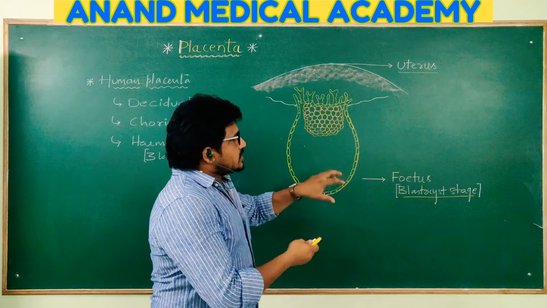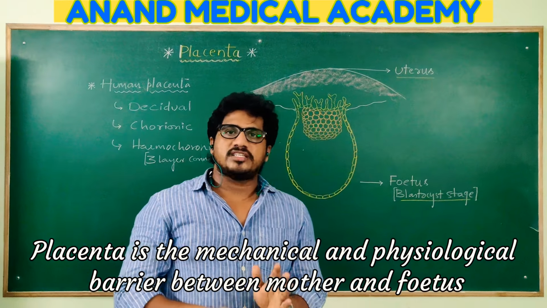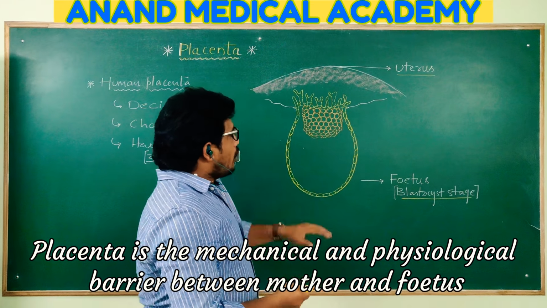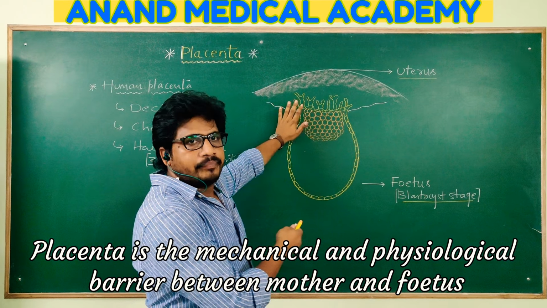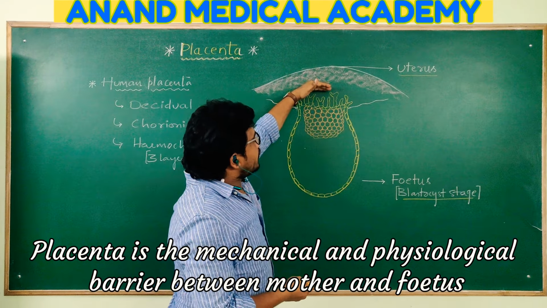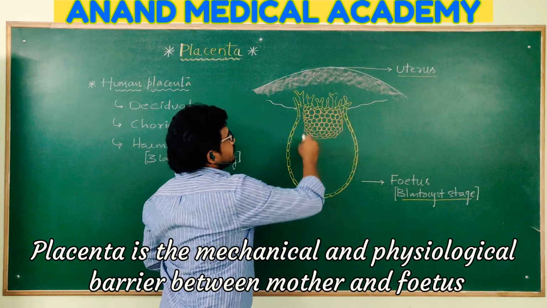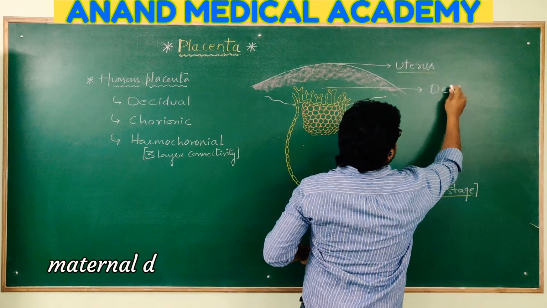How this blastocyst implants in the uterine wall is called implantation, which was clearly done in the last session. That continues today. Once implantation has occurred in the uterine endometrium, the part of the endometrium is called decidua.